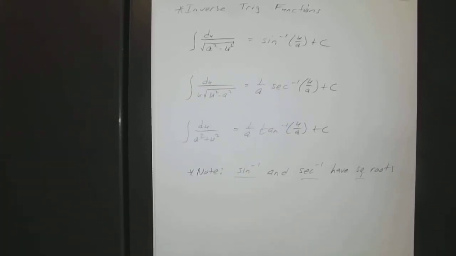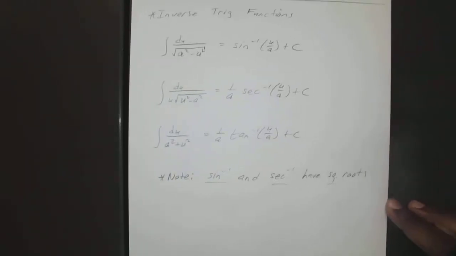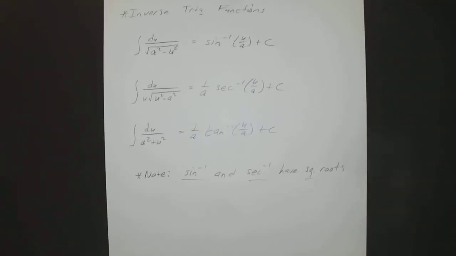That's one way to kind of help remember it. Sine inverse and secant inverse have square roots. The tangent inverse doesn't have a square root. But the secant and tangent are the only ones that have the 1 over a in front of it.